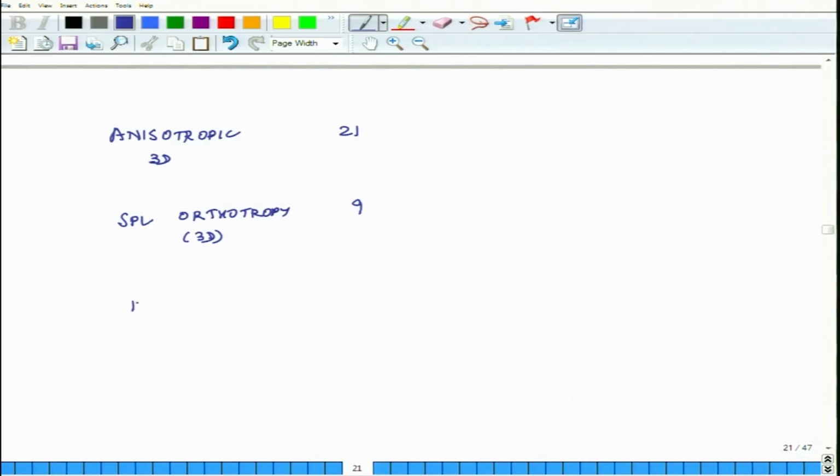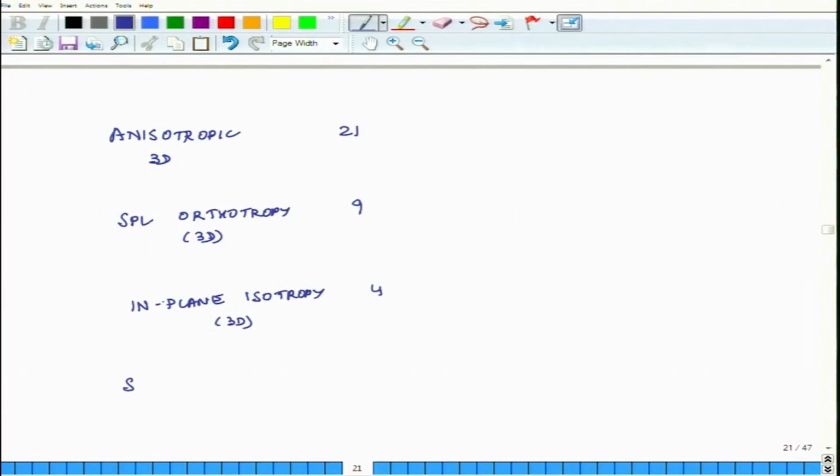Then we have in plane isotropy. So, the material can still be thick, so it is a 3D material. We have 4 constants.